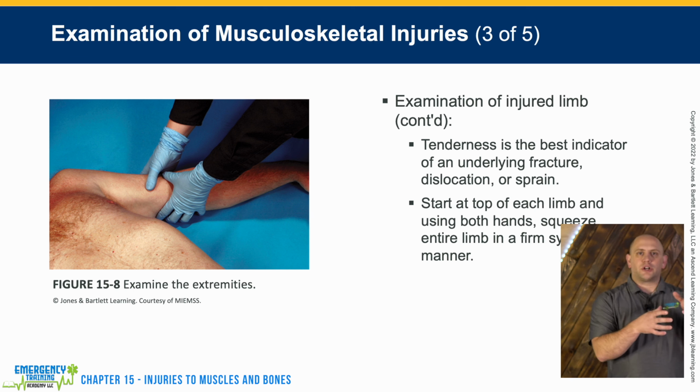That puts a little bit of pressure on the bone. We'll be able to see if there's any movement in that bone or joint that shouldn't be there, as well as, as we're squeezing, we will be able to have the patient elicit a painful response and let us know if there is any tenderness.